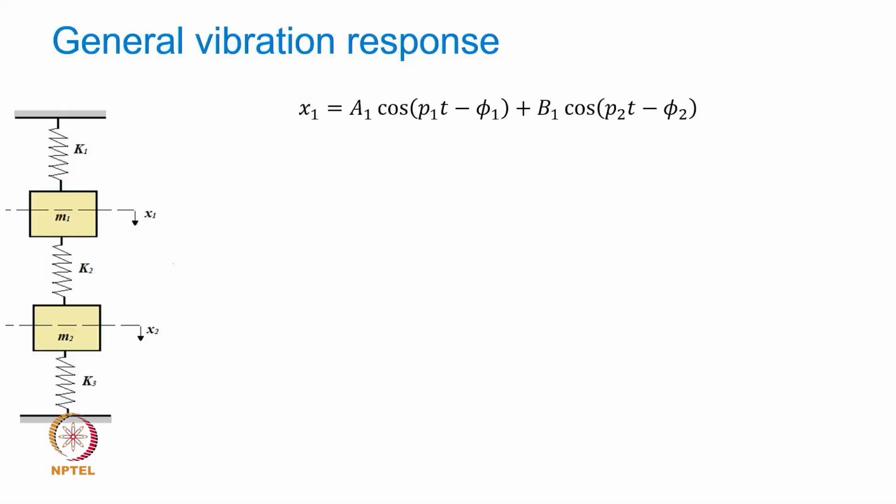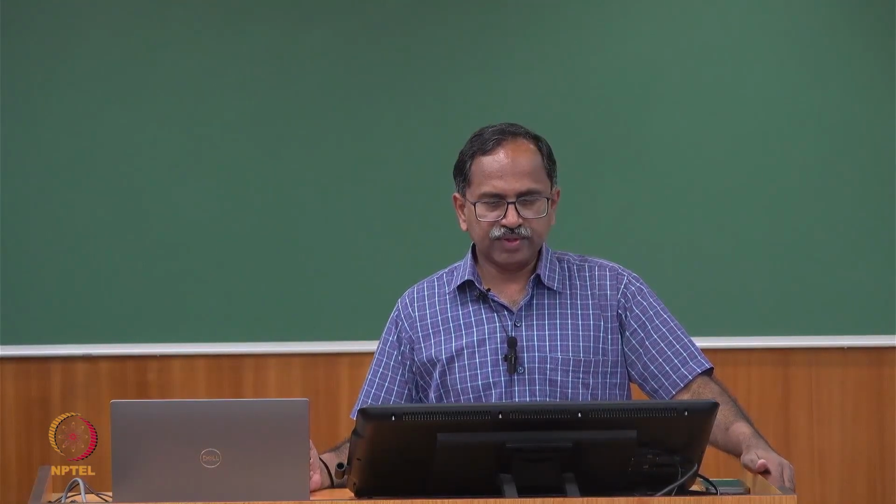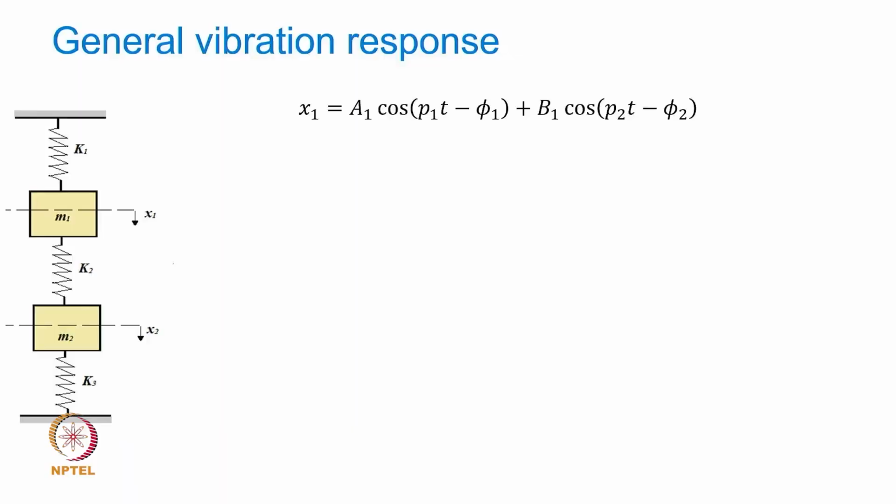Okay, so the response of this 2 degree of freedom system to any arbitrary initial conditions has been discussed: it is going to be a contribution from both the modes, and hence we wrote the general solution to be A1 cos(P1 t minus phi 1), which is accounting for the contribution from the first mode having the natural frequency P1, and also the contribution from the second mode.